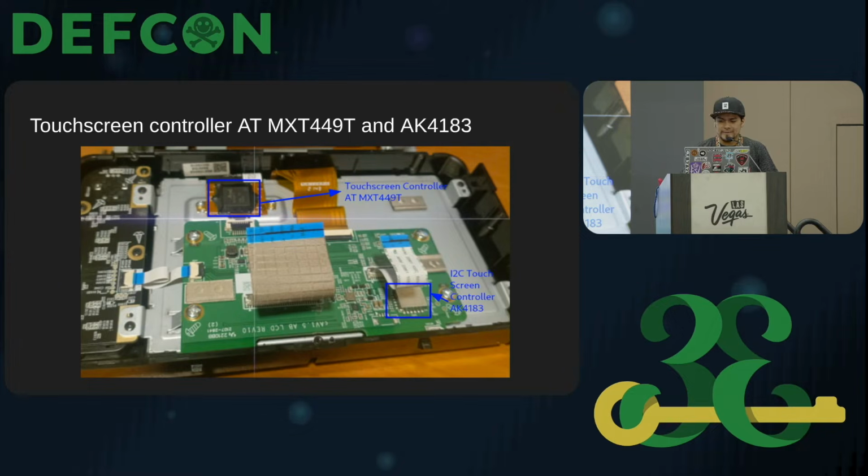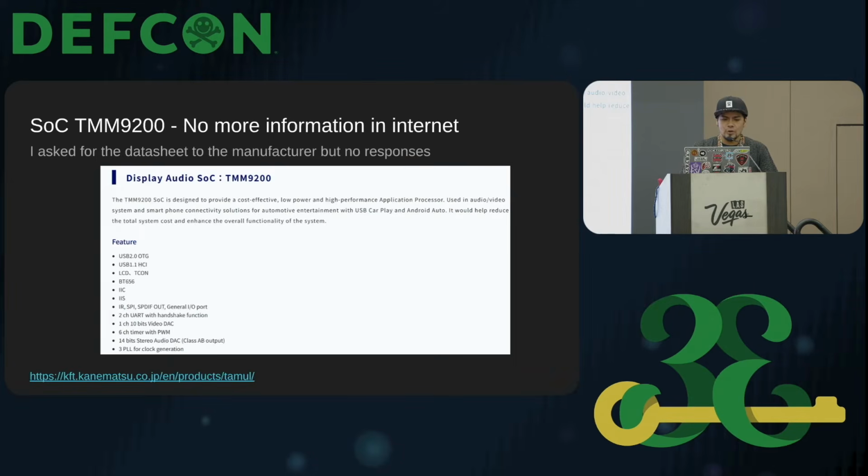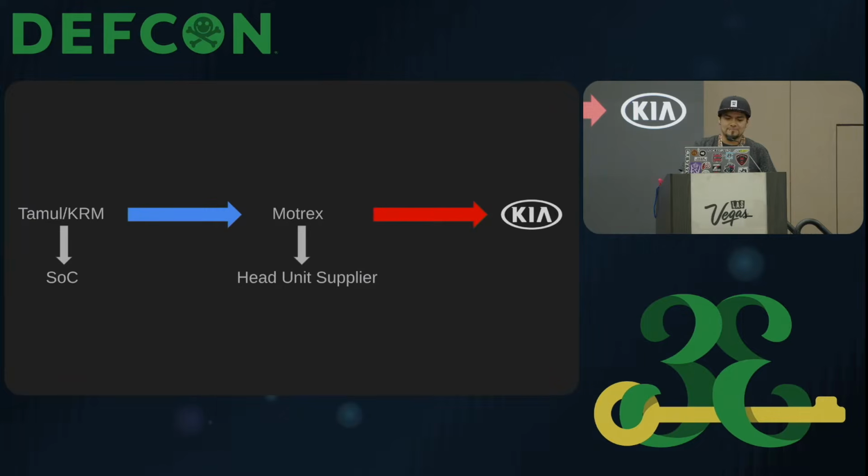The other touch screen controller is the AK41A3. This infotainment console is supplied to Kia by Motrex, okay? This is the only information that we have about this system on chip. No more information, okay? I asked the manufacturer for the datasheet, but got no response. So here we have the system on chip manufacturer, the supplier, the head unit, and in the end, Kia is the vendor.